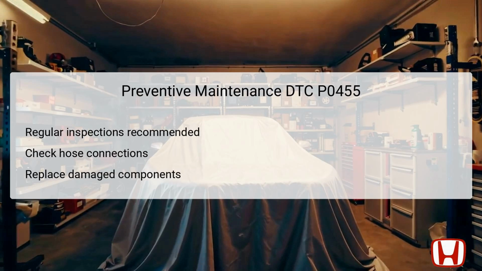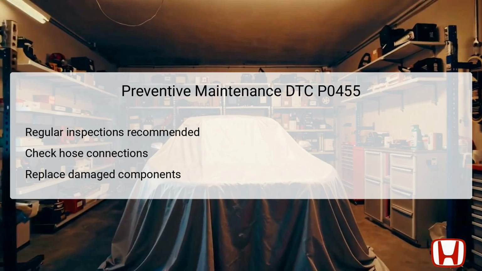To prevent issues such as DTC P0455 from recurring, it's advisable to conduct regular preventive maintenance checks on the EVAP system. Routine inspections of hose connections can help identify wear and tear before they become critical problems.